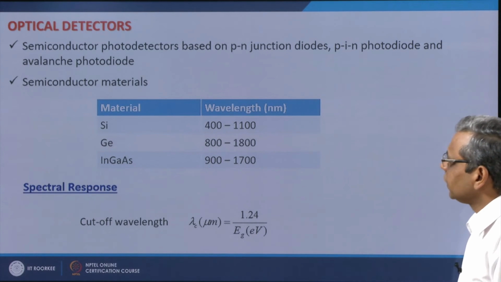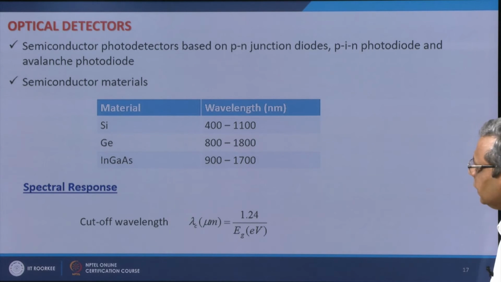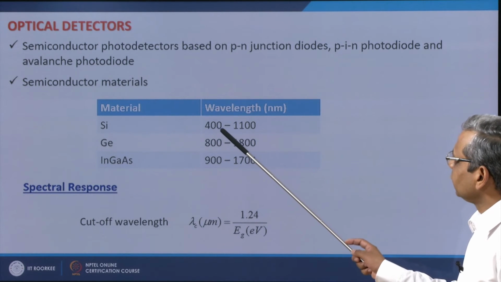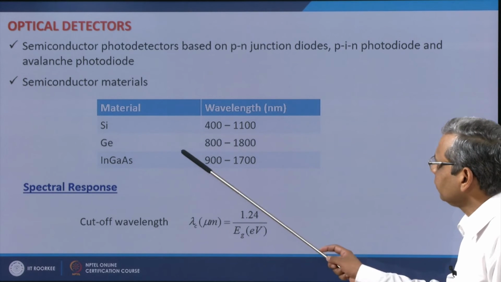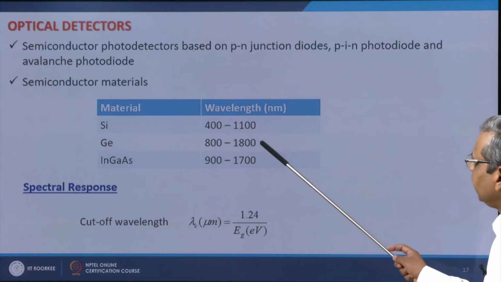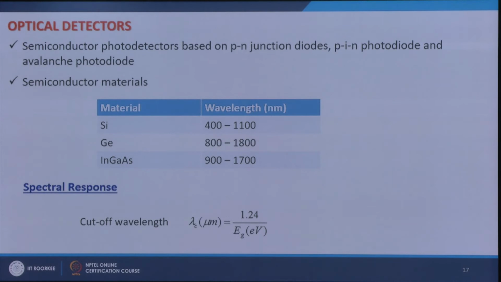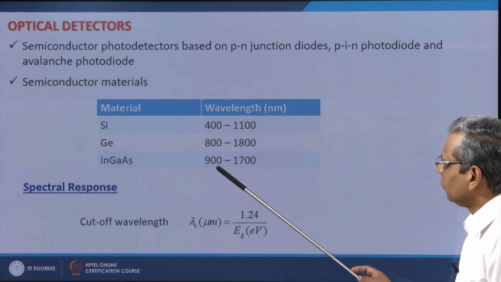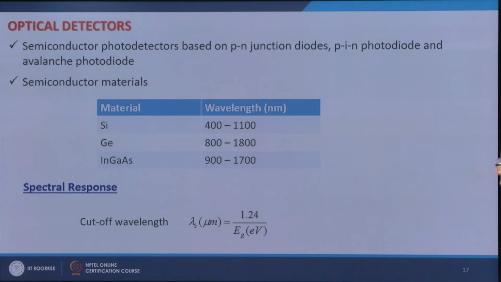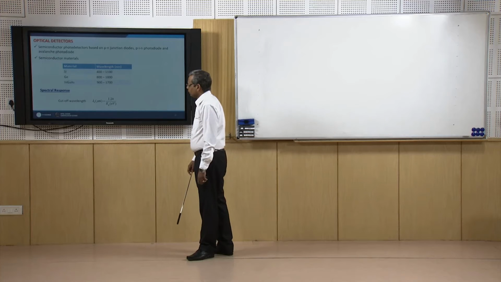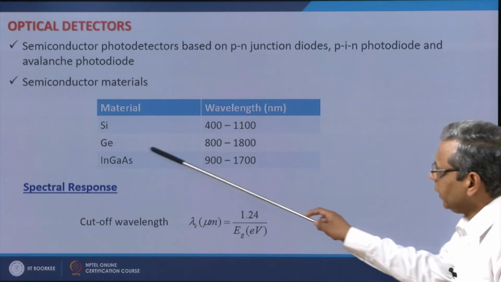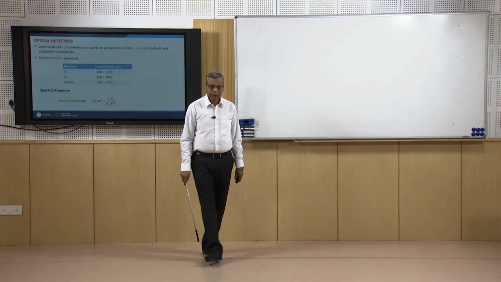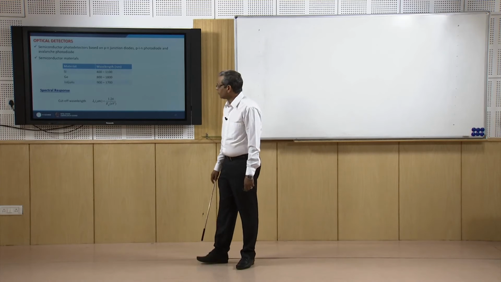The materials which are typically used are silicon in the wavelength range 400 to 1100 nanometer, germanium from 800 to 1800 nanometer wavelength and indium gallium arsenide from 900 to 1700 nanometer wavelength. And this is the widely used material for making detectors in optical communication system.